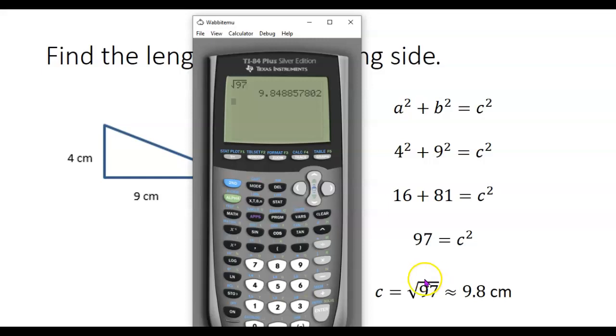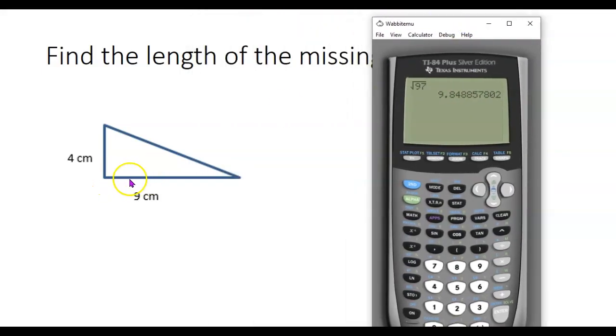And sometimes we want to know approximately how many centimeters that is, the decimal approximation that the calculator gives. In this case, that would be about 9.8 centimeters. So if here to here is 9 centimeters, here to here is a little bit longer than that. It's almost, but not quite 10. It's about 9.8 centimeters.